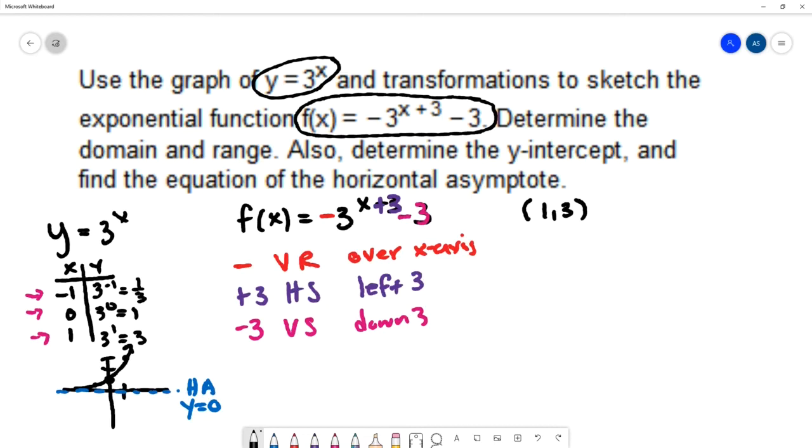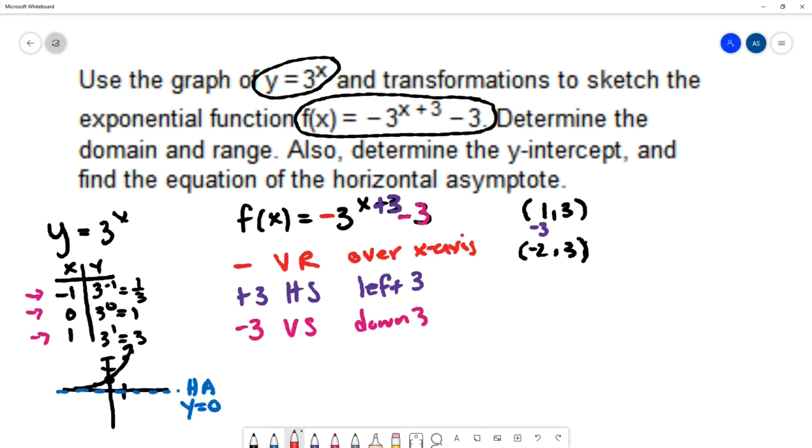So with this ordered pair, we want to shift to the left 3. To shift it to the left 3, that's going to subtract 3 from our x-coordinate, and that's going to move it to negative 2, 3. And then we're going to do our reflection. Our reflection is going to make our y become the opposite.